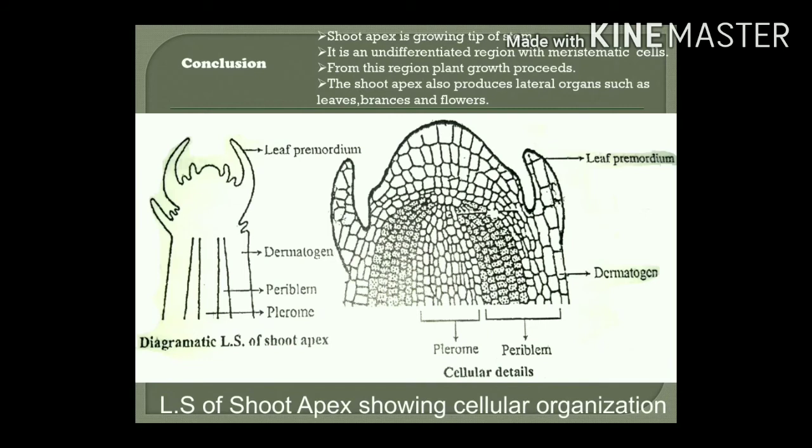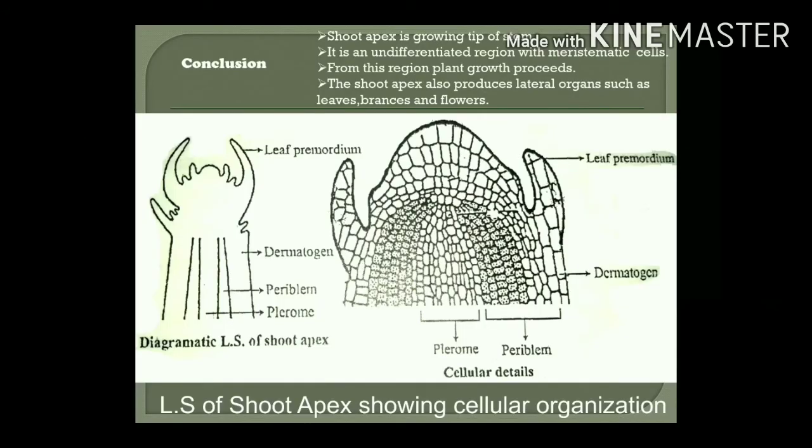It describes that in longitudinal section of the shoot apex, under the microscope, it shows three distinct regions, such as dermatogen, peribleum, and plerome. Dermatogen is the outermost layer of the shoot apex. It is single layered, as seen in the diagram.